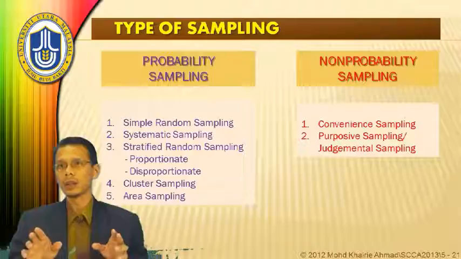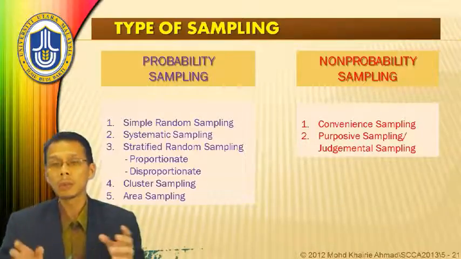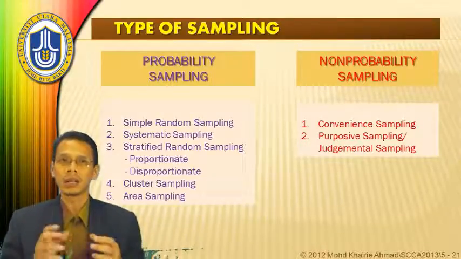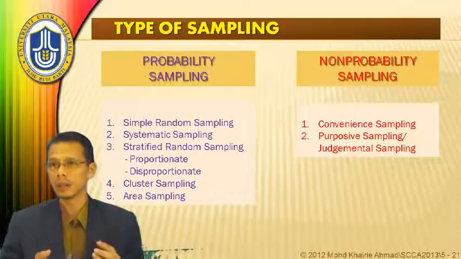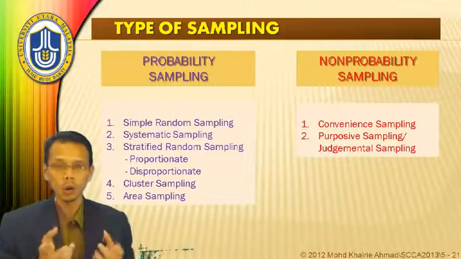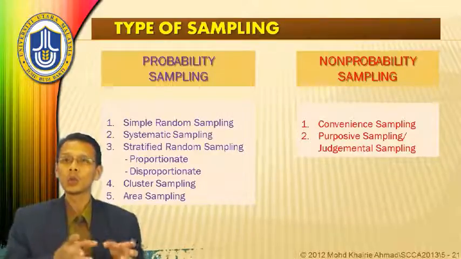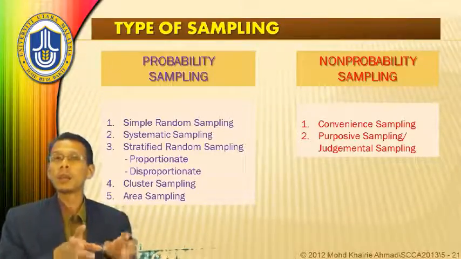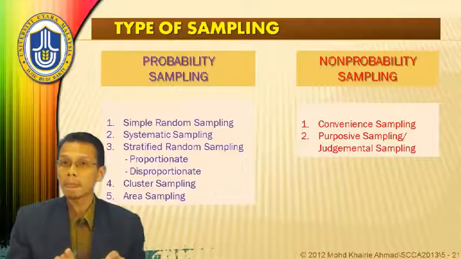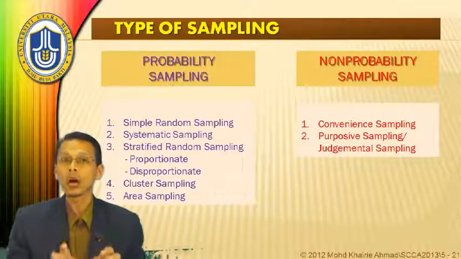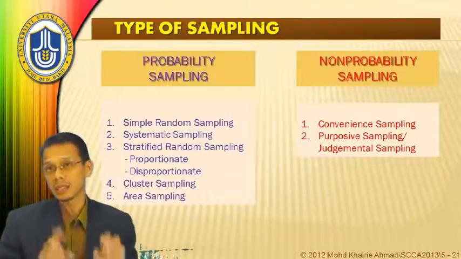For example, if you want to study how handicapped people communicate, those who cannot talk and those who cannot hear. This group of people, we only focus on them, and this is why we call it purposive sampling.